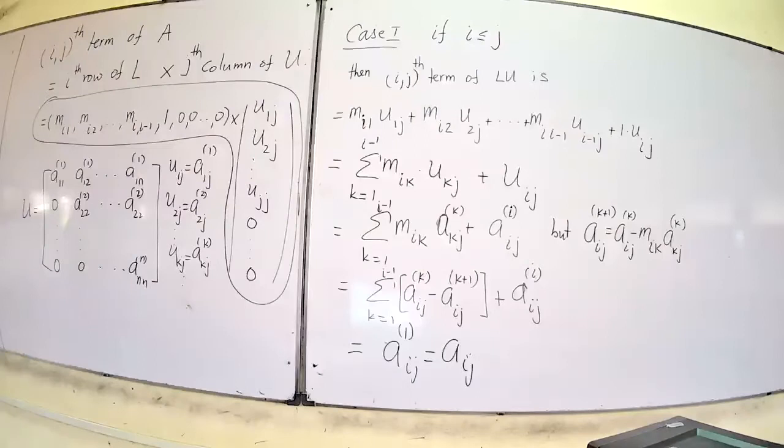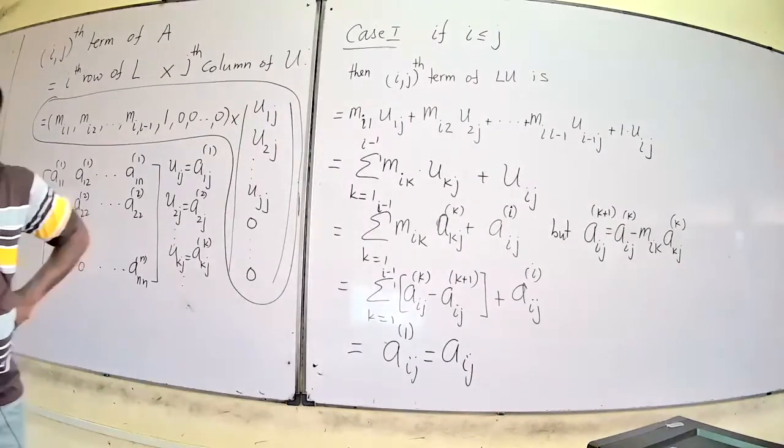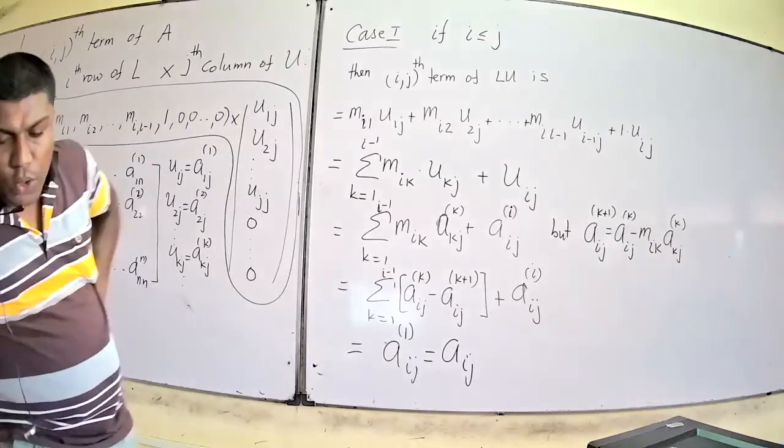We see that this summation, this multiplication gives you the corresponding element in the matrix A. Next we have to show that the same thing works for the i greater than j case as well. So let us do that.